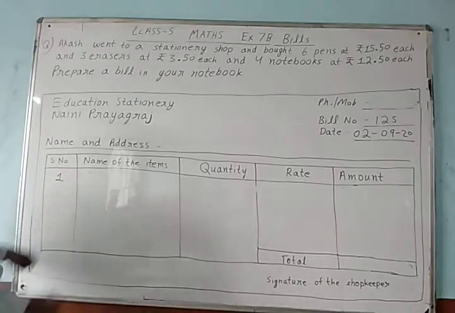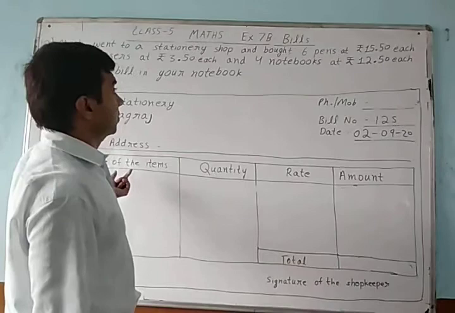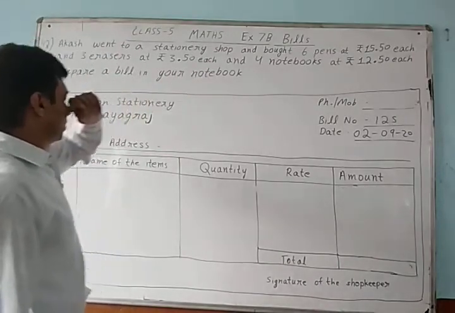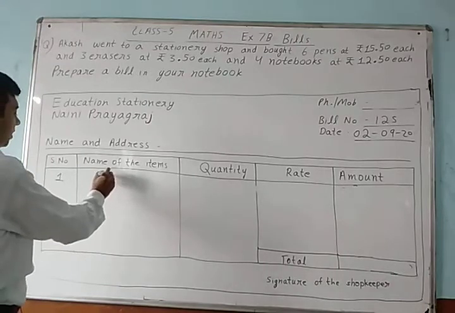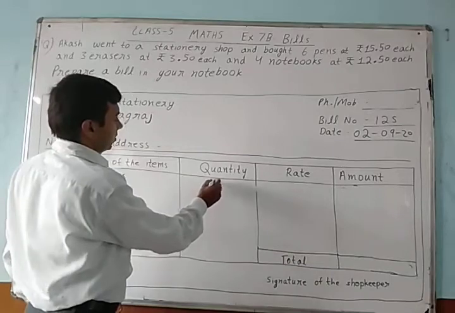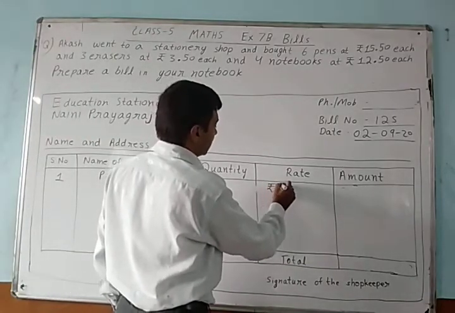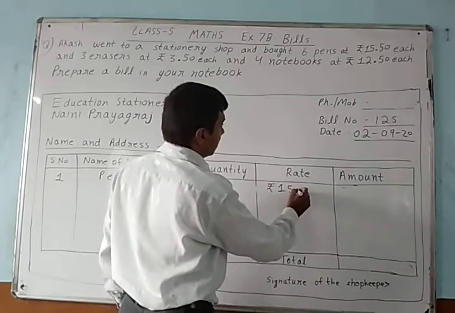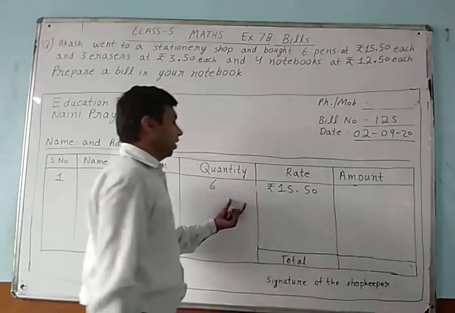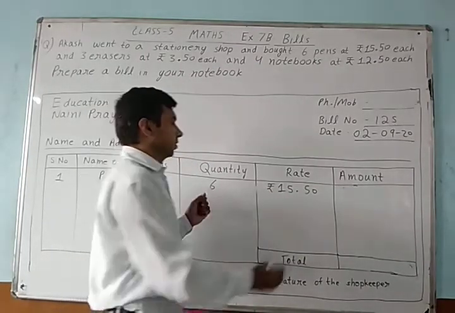First serial number, see, 6 pens. So the first item is pen. Now students, quantity 6. Rate rupees 15.50. So what do we have to do? We have to multiply 15.50 by 6.